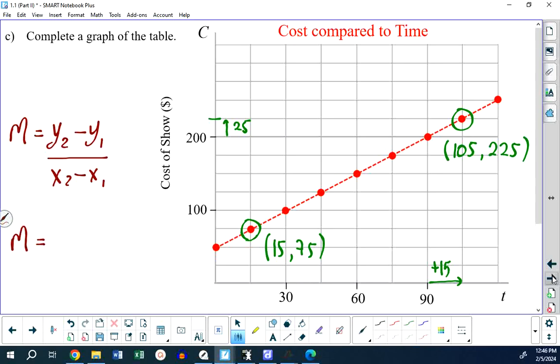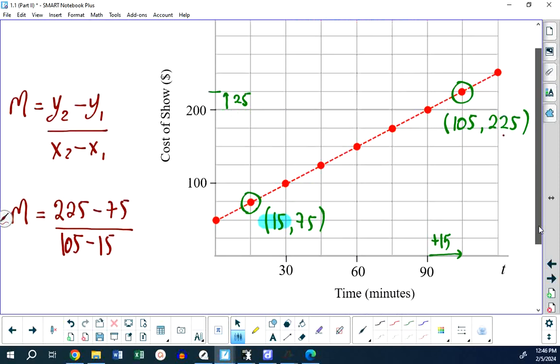Y, so that's 225. Right? 225 is a y coordinate. Minus 75 is the other y coordinate. Over, we go x, which is 105, minus x, which is 15. Let's see what we get.